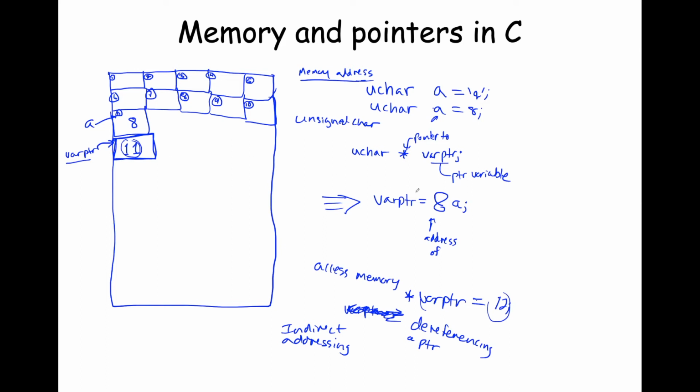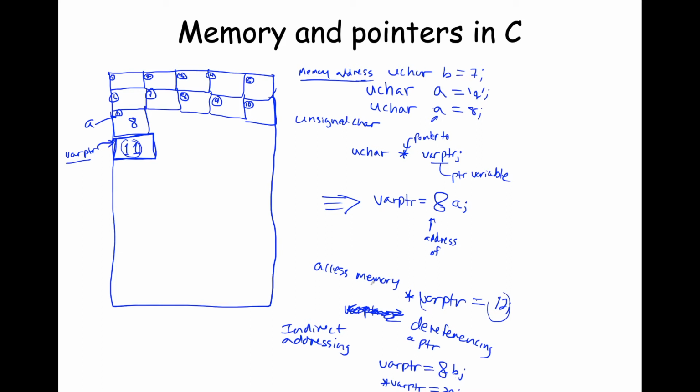Okay, and so the neat part about this is that if I have another variable, var B equals 7, for example, I can just set my var pointer to the address of whatever B is, and then access or dereference that var pointer and assign it a value like 20.